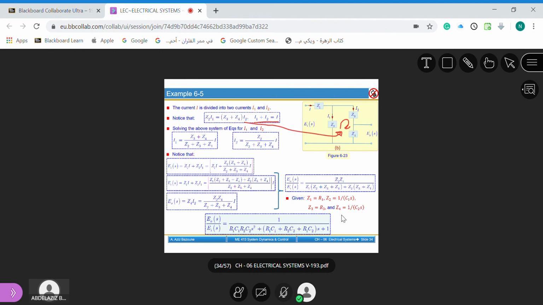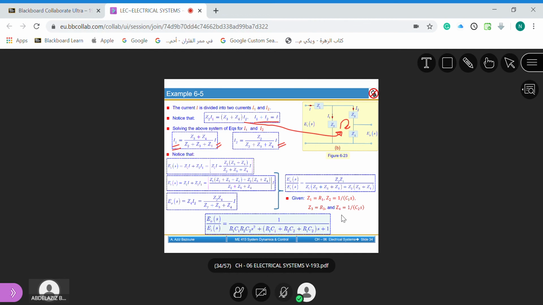And now if I solve these equations, because I have I1, I2, and I, if I solve for I1 and for I2, I will find I1 is equal to (Z3 plus Z4) over (Z2 plus Z3 plus Z4) in terms of I. And I2 will be Z2 over (Z2 plus Z3 plus Z4) in terms of I also.